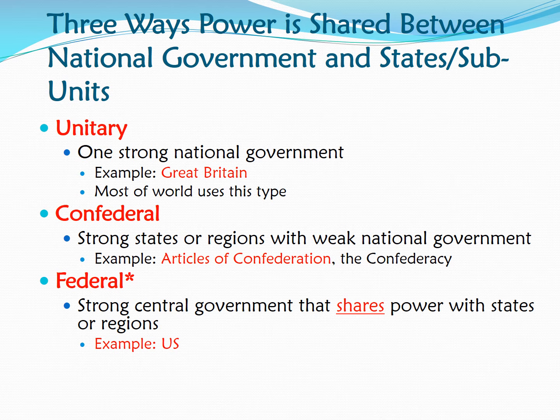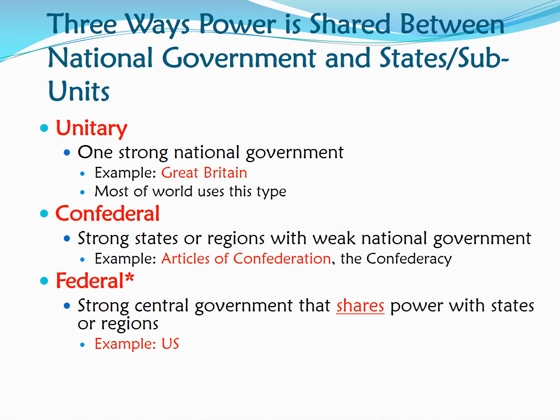Okay, we talked about different types of government in terms of who runs the country. We talked about autocracies, like absolute monarchies, where one ruler dominates the government. You have, of course, oligarchies, where a few elite leaders run the government. And then, of course, we have different types of democracy.